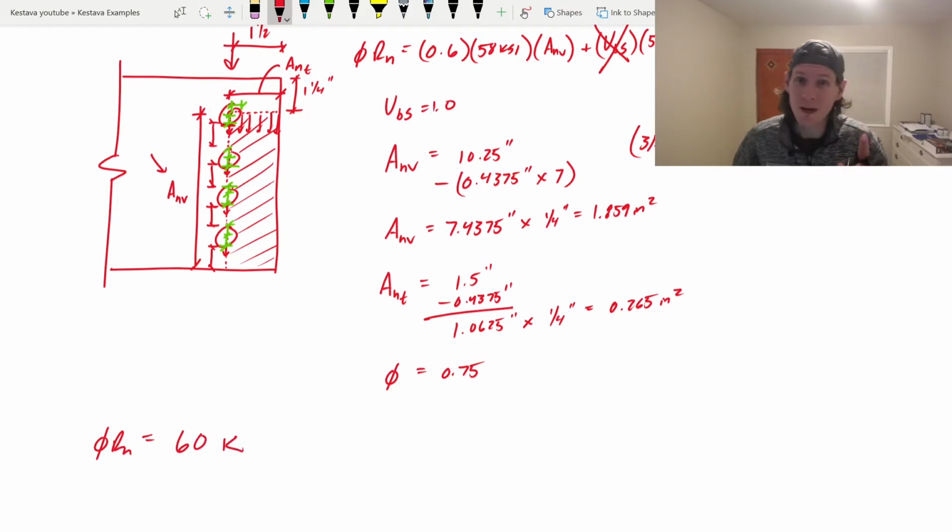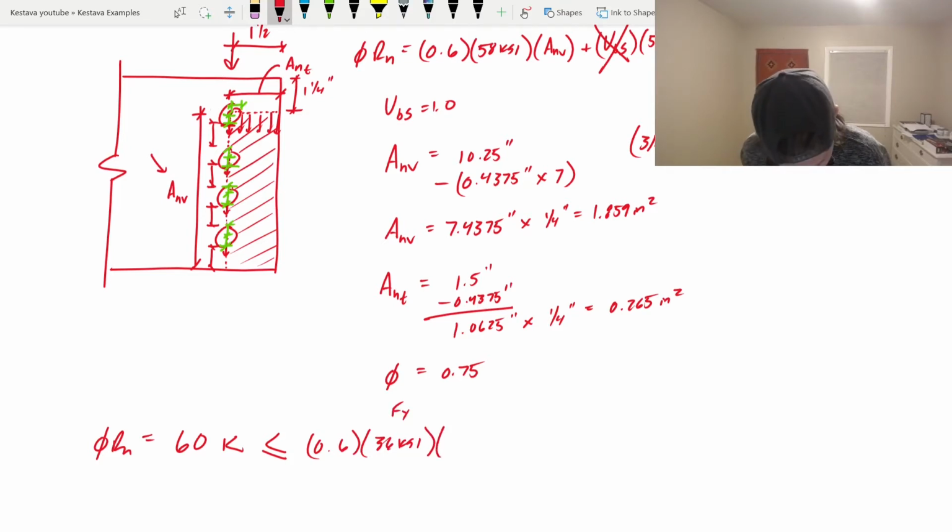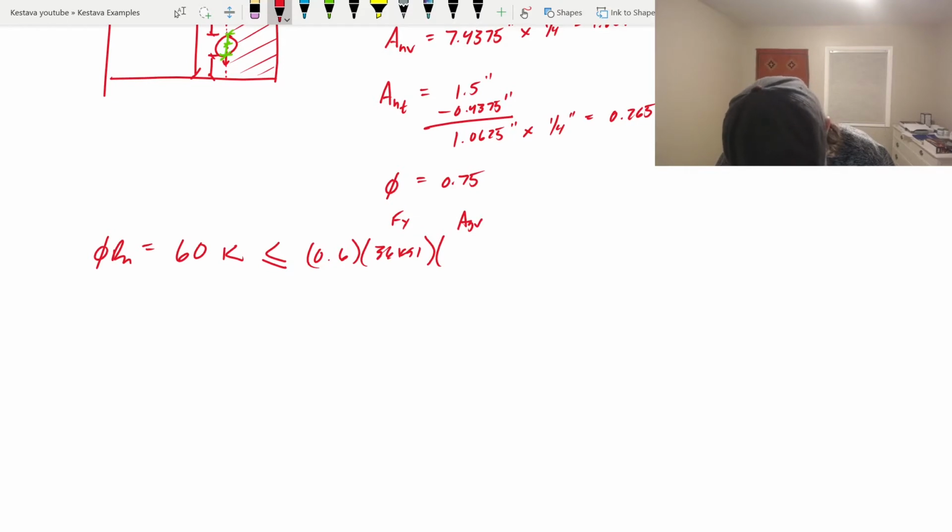But we're not quite done yet because we have an ultimatum, right? It needs to be less than or equal to the following equation. 0.6 times 36 ksi, so this one is Fy, your yield stress, times AGV plus UBS times 36 ksi times ANT.